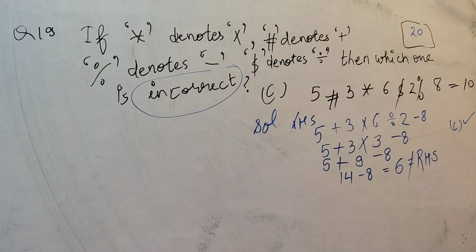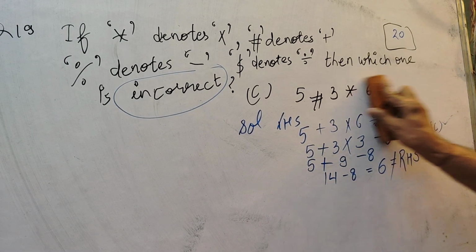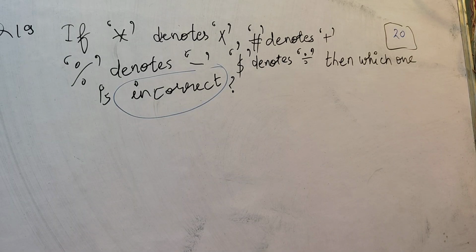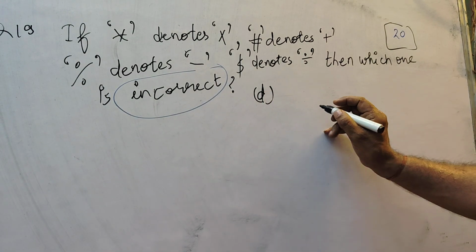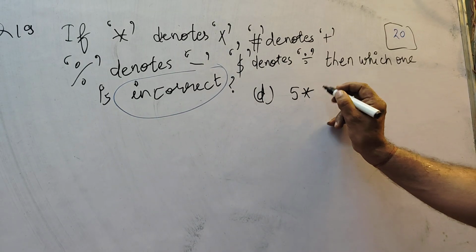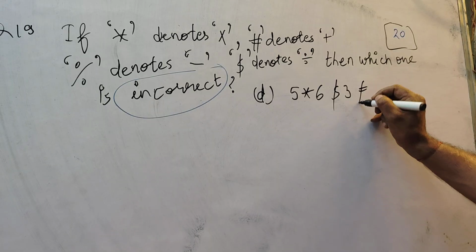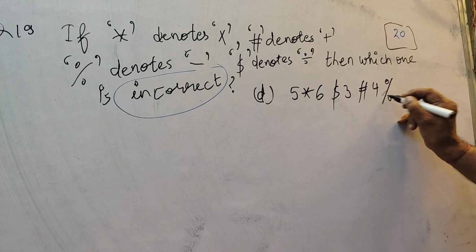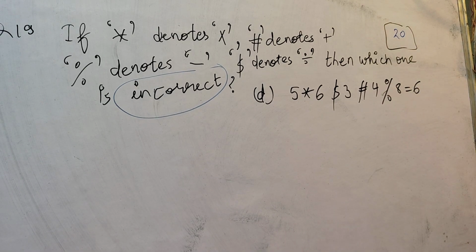Is it clear? Still we are doing solution of D option also. D is 5 asterisk 6 dollar 3 hash 4 percentage 8 equal to 6.